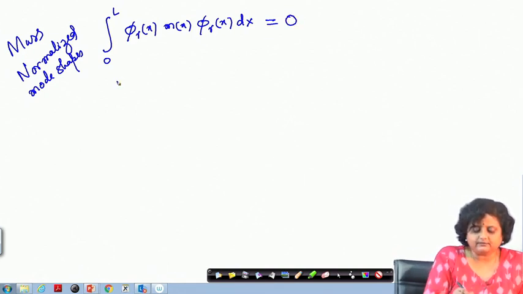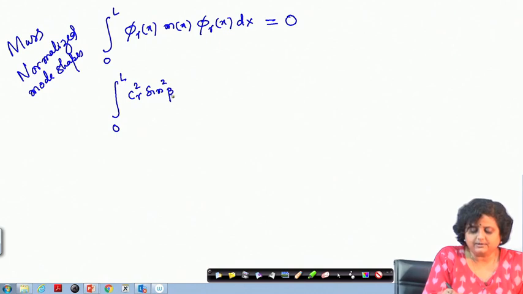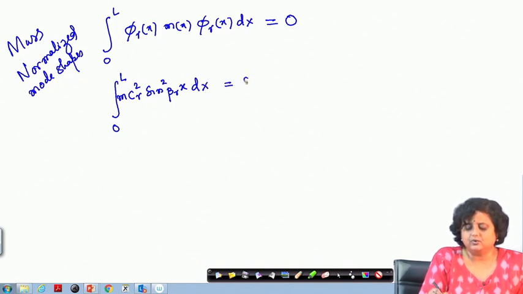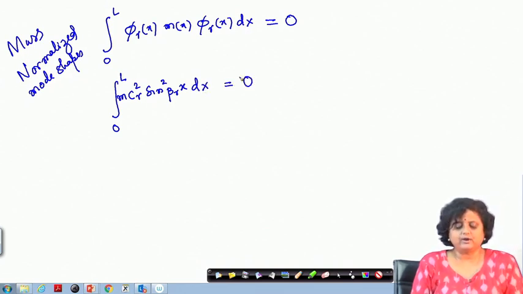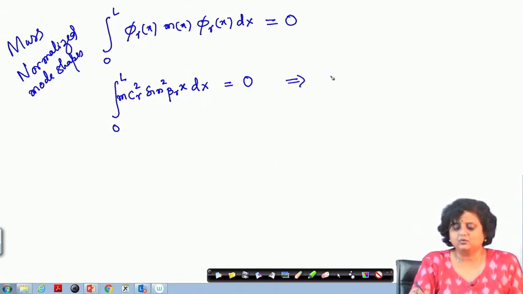In our case this is the integral from 0 to L of C_r squared sin squared beta_r x into m, since the mass distribution is constant. This we are going to forcefully make equal to 1, and that is going to give us the value of C_r.